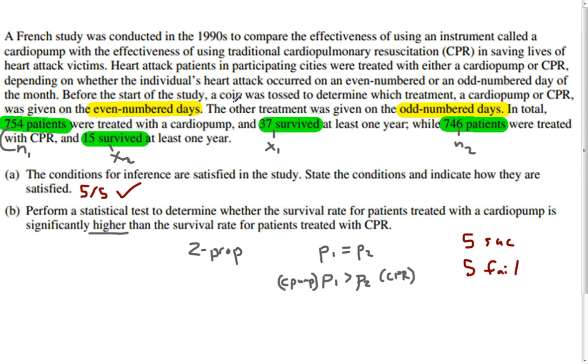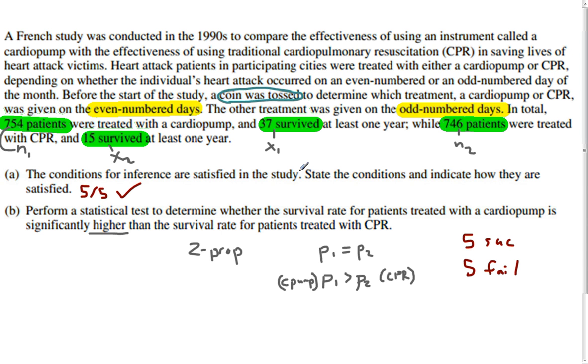So it seems that a coin was tossed. That's the randomness that determined which one is which. And there's a systematic approach. Every other day, they will treat with one or the other. And so that produces sufficient randomness within the study to say that patients are being randomly assigned to one treatment or the other.